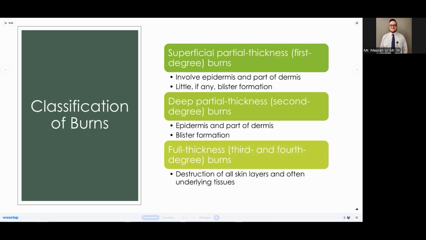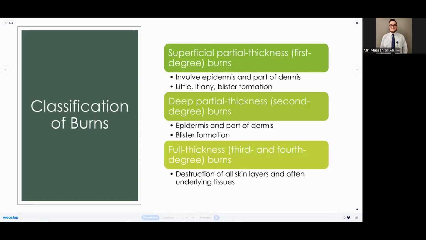Full thickness, technically third, technically fourth degree burns. This is a complete destruction of all skin layers, often into the hypodermis, the connective tissue layer underneath our skin, our cutaneous membrane. The wounds are going to coagulate and be charred. It's going to form a layer of damaged dead tissue, sometimes turning black, and this is known as eschar.